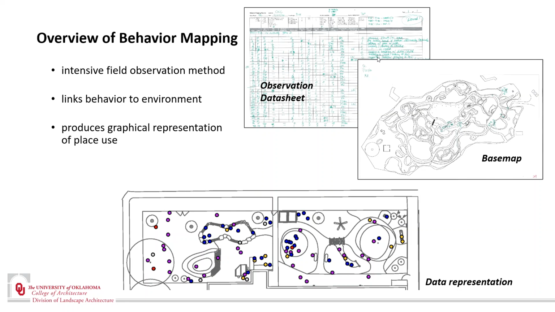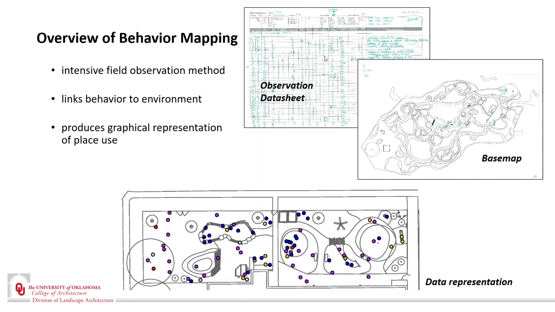This is just a way to help us validate our work and to make sure that the behavior that we captured is correct. On the base map, you want to mark the location of this observed behavior. So let's take a look here at this point that's labeled 6. At this point here, we can go to our data sheet, find row 6, and this is the type of behavior that occurred at that location.